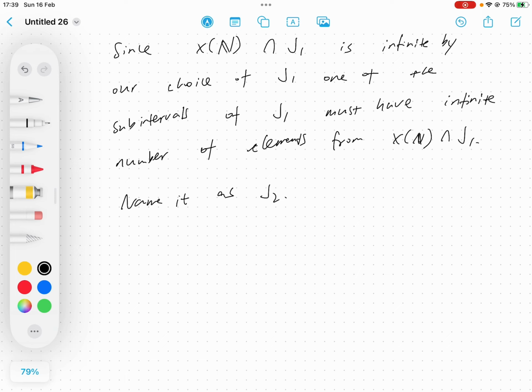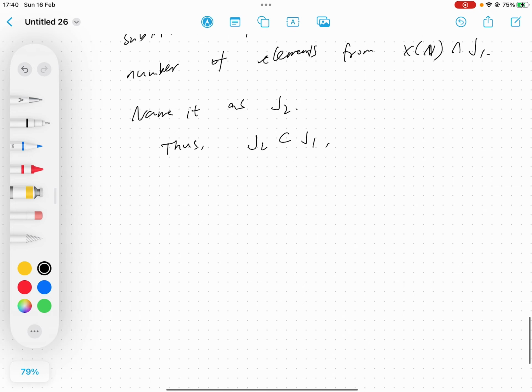Good. Then we obtain the next one, right? So from here, you can see that J2 is a subset of J1. And we know that the length of J2 will be half the length of J1, because we simply wish to have exactly half of the previous one. And that will be a quarter of the length of J0.